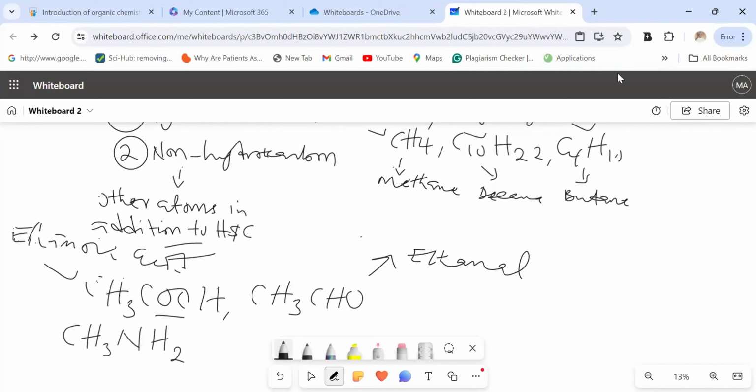This is methanimine, because in this case they have an imine functional group. So there is nitrogen in addition to carbon and hydrogen. So ladies and gentlemen, that is what we call non-hydrocarbons. It means that they have other atoms apart from carbon and hydrogen.